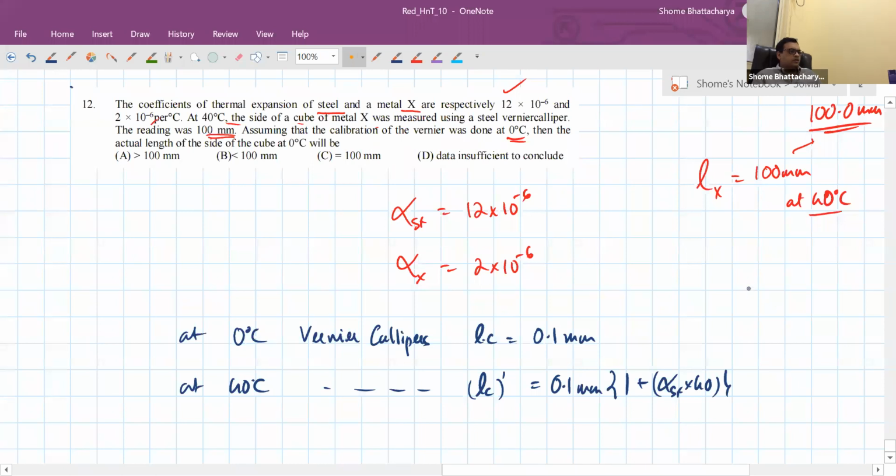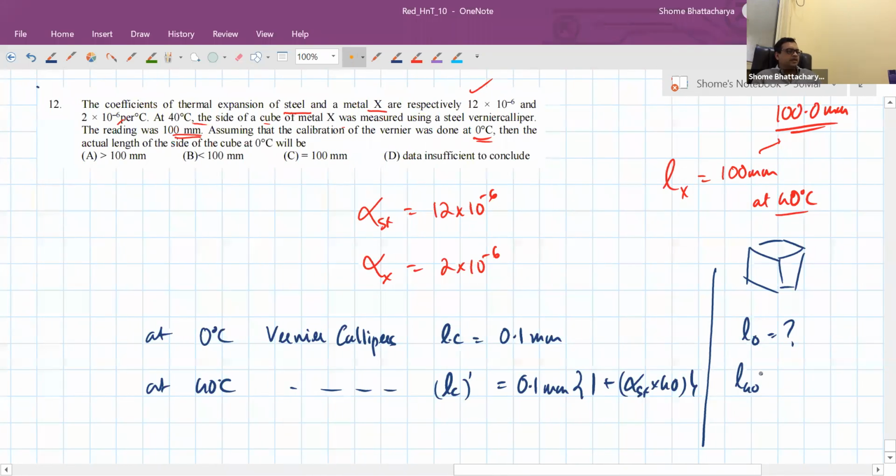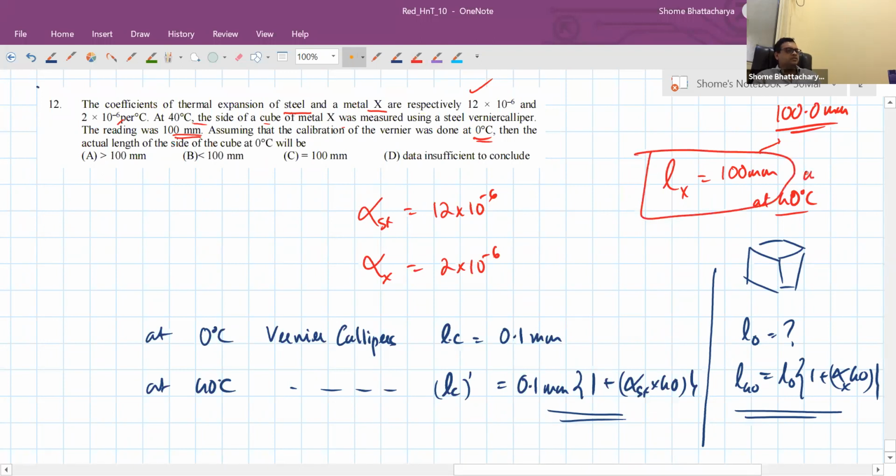Now also, let us say that that particular cube, its side length at 0 was something. So the actual side length at 40 would have been L0 into 1 plus alpha of x into 40. Right? So these two are clear now. Now at 40 degrees C, the measured value is this. This is the measurement.